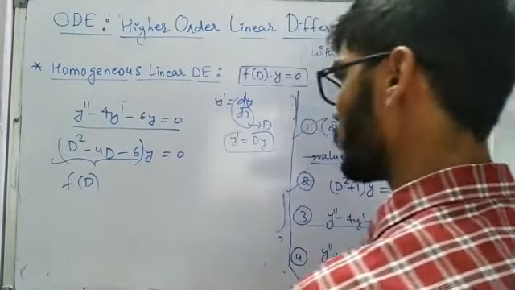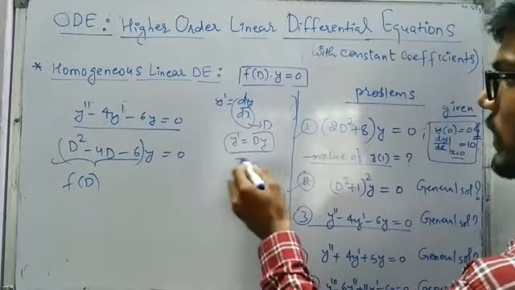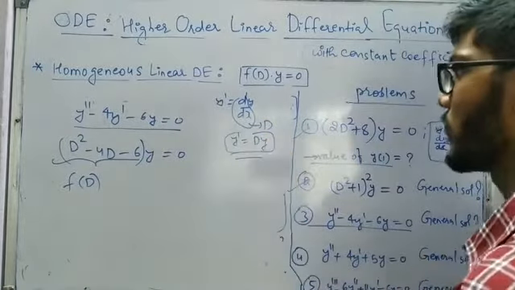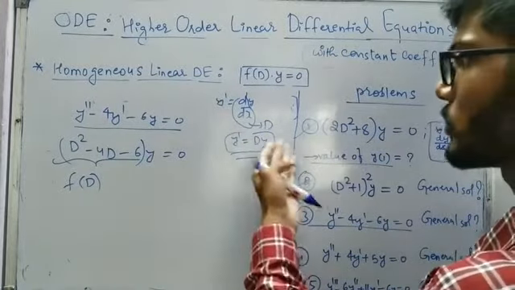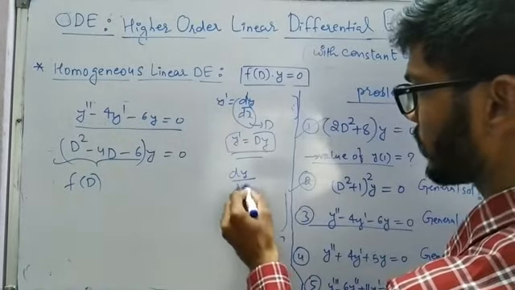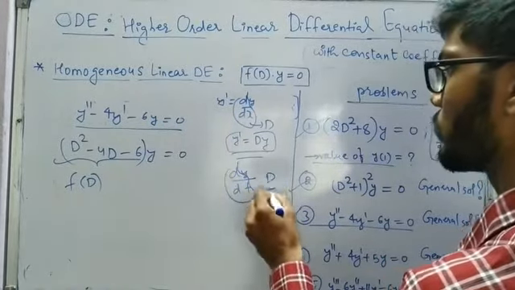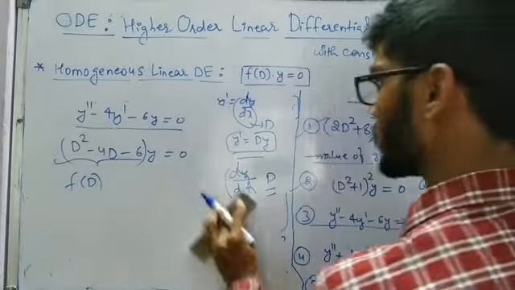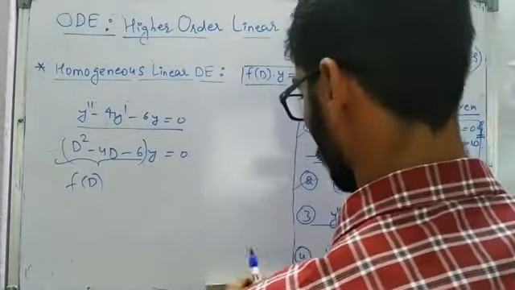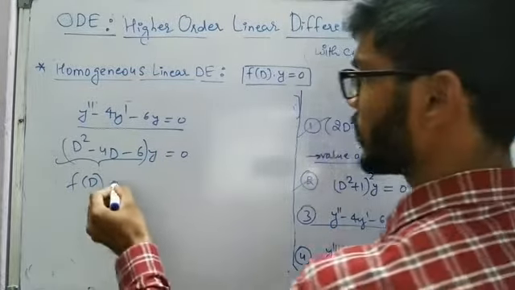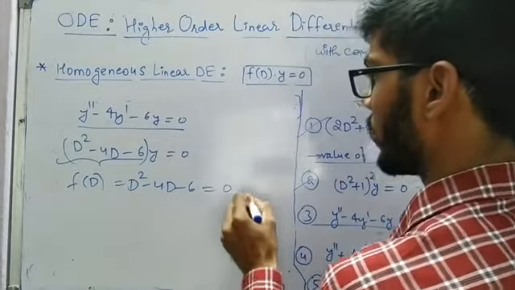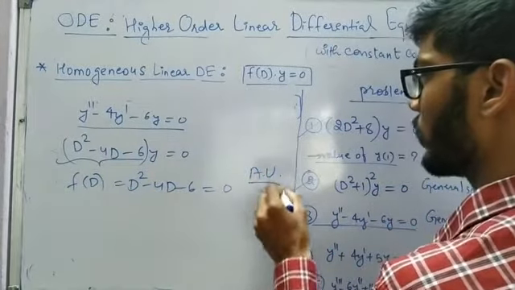So f(D) is not given directly. First we have to convert it in terms of f(D) by substituting d/dx as capital D, or if it is given in terms of t, like dy/dt, then d/dt we put as capital D. The simple understanding: first differentiation is put as capital D. So f(D) is D² - 4D - 6, and if we equate it to 0, this is going to be our auxiliary equation.